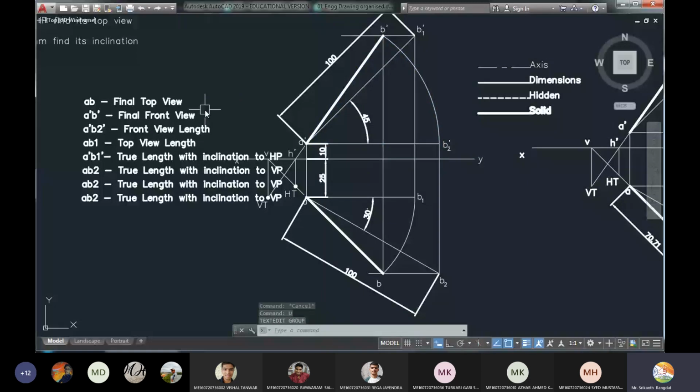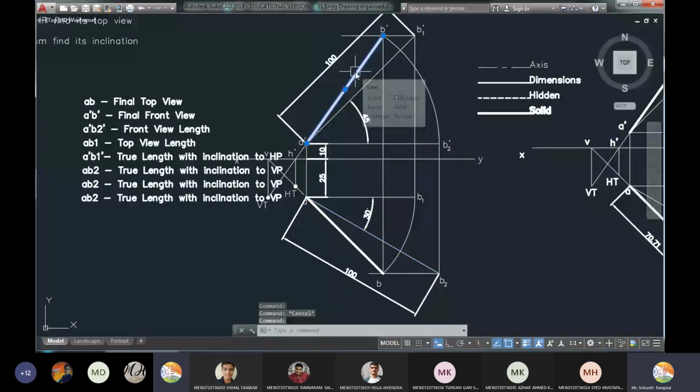Fine. So the best clue for you is that both of these are with a dash. And where do we come across dash? We come across dash in the front view. We are getting this projection here. This is the top view. Its projection we are getting in the front view, and that front view we are rotating to get the final front view.